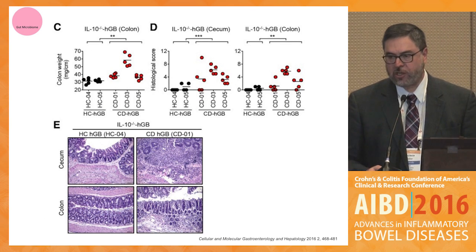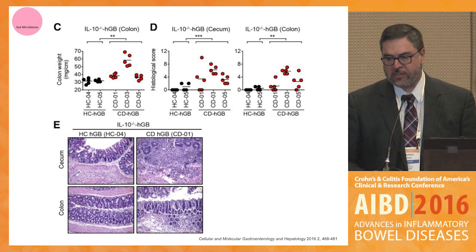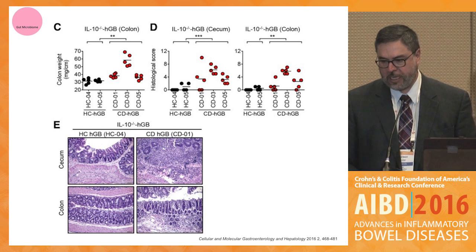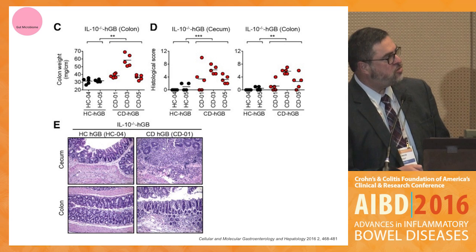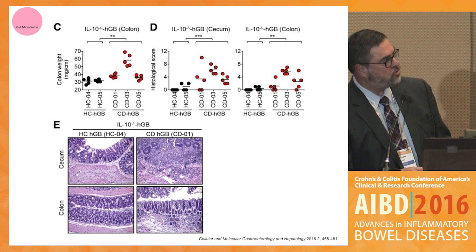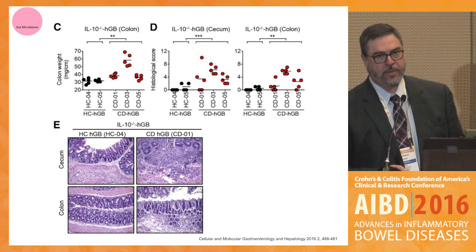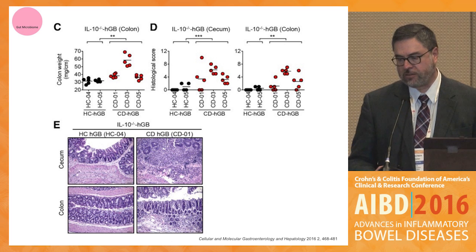So what they showed was that depending on the subject, you got different results. And I think this is important. So for example, these are healthy controls. These are Crohn's patients. And this is histologic severity. And as you can appreciate, depending on the subject, you get different results.